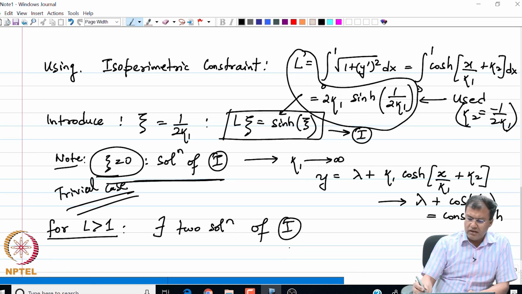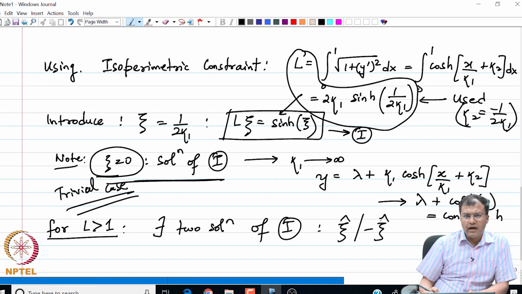Of course, if we have a solution, let us say xi hat, then even the negative xi hat is a solution, because this equation 1 is even with respect to xi.